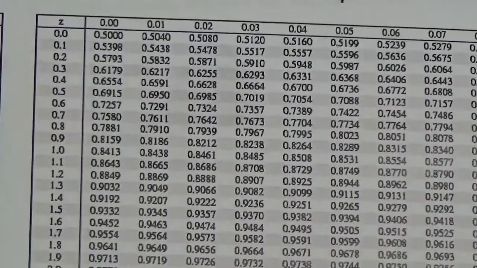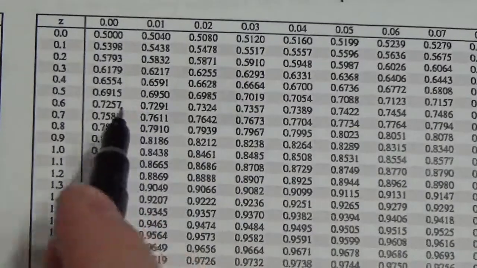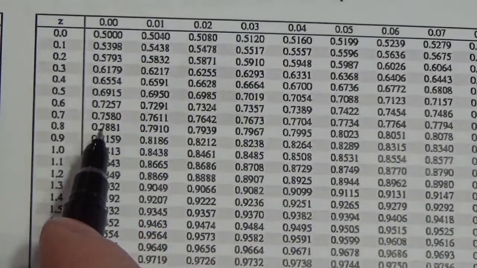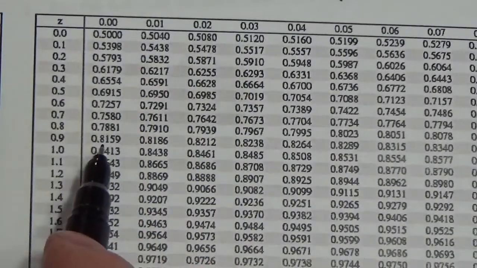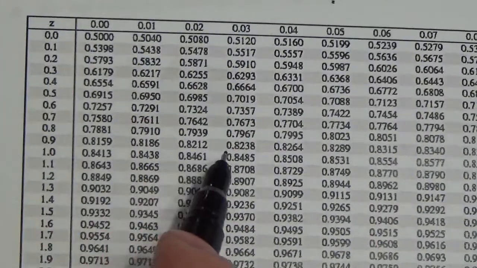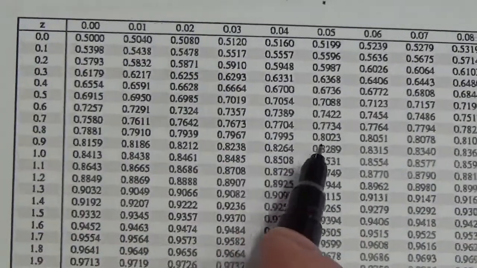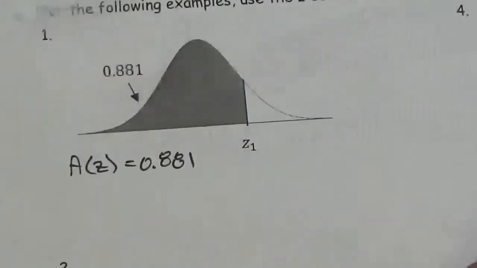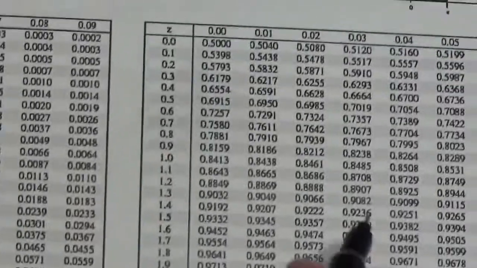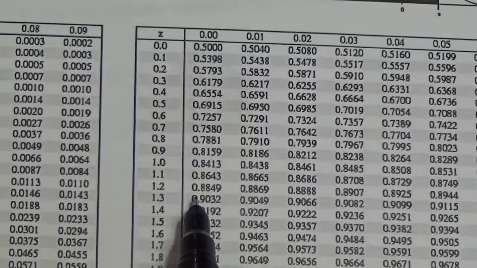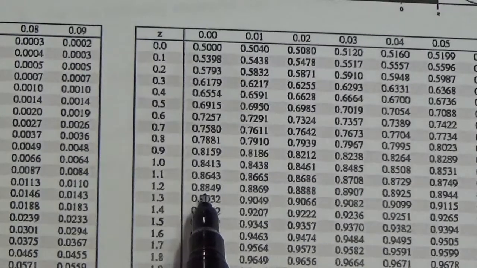So I'm looking for 0.881 in here. So let's just slide along here. Oh, I'm sorry, I'm looking in the wrong spot now. Okay, so right here I'm seeing a 0.8849, that's good.